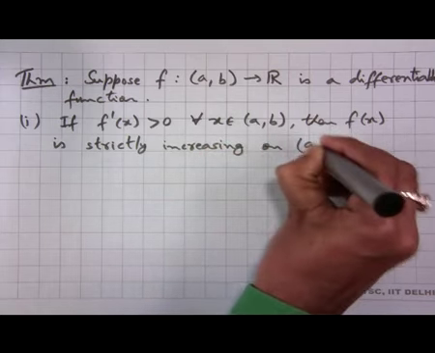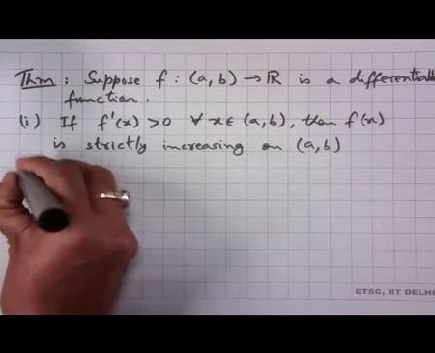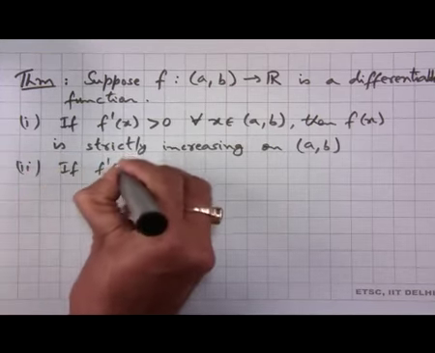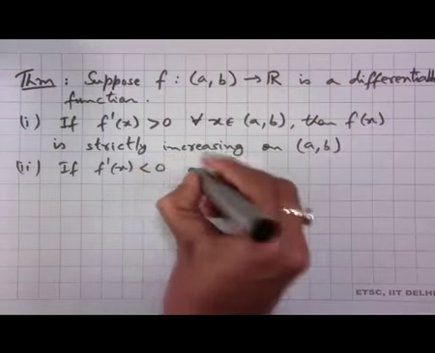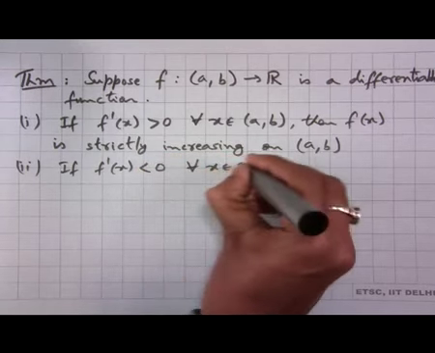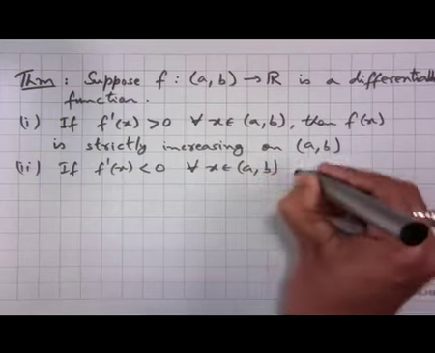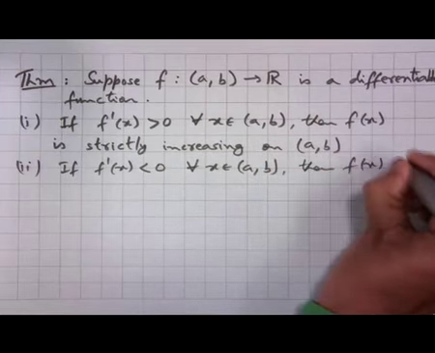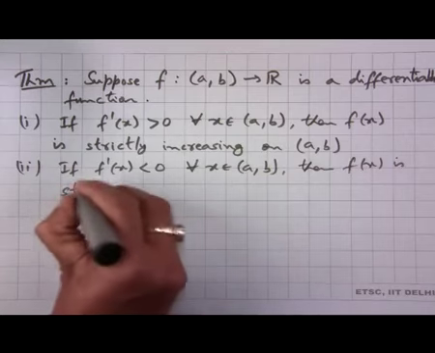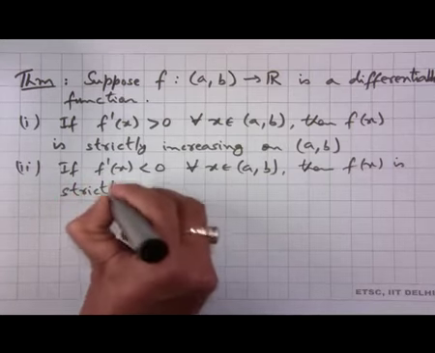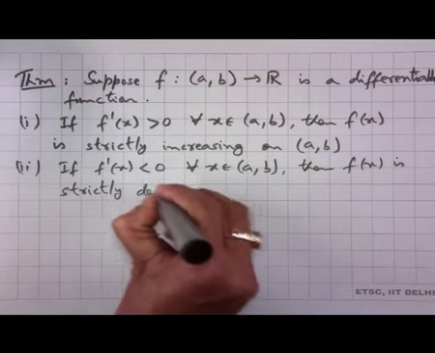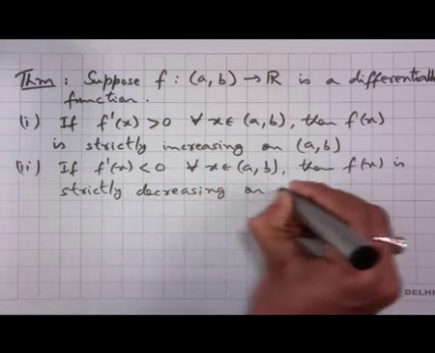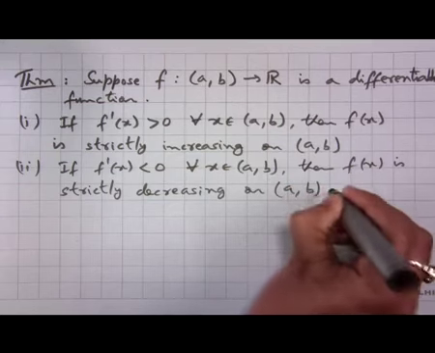on the open interval (a, b), and if f prime x is negative for all x in the open interval, then f x is strictly decreasing on the whole interval (a, b).